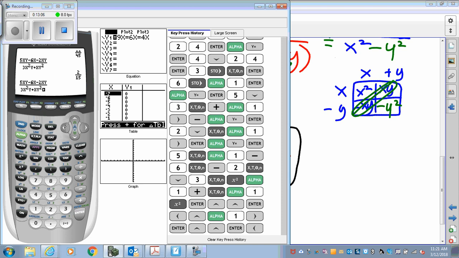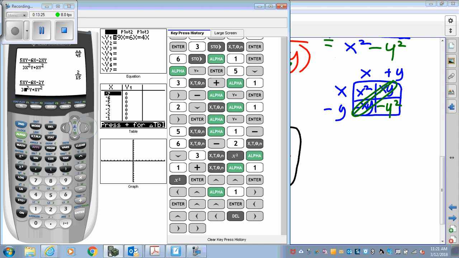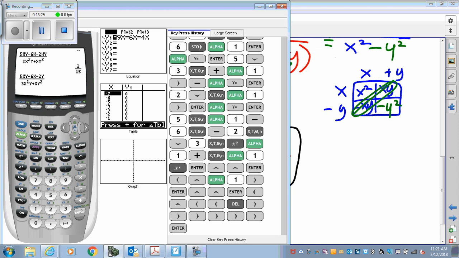It's the same spot. I am struggling with this spot. So I'm going to delete that x. Okay, so 5xy minus 6x minus 2y all over 3x squared y plus xy squared. This is great, but sometimes you might as well just solve it. Save yourself some time. There we go, 2/9.